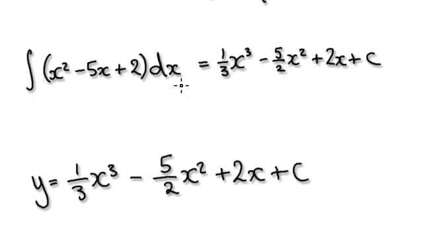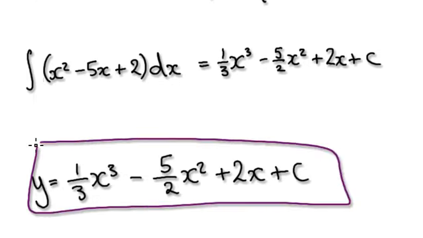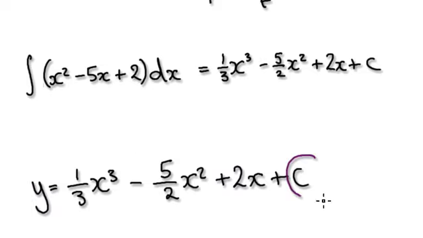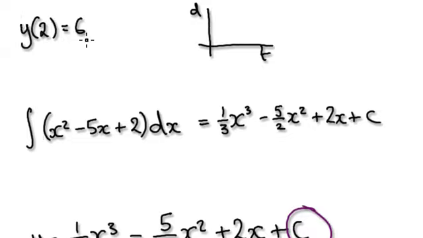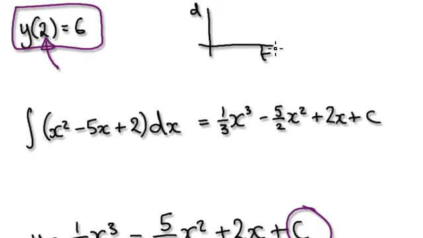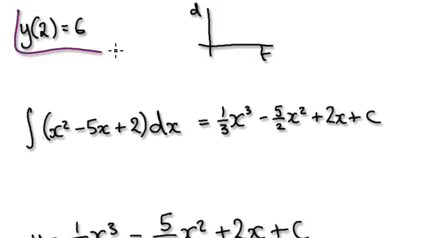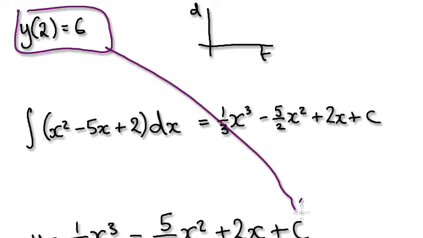Now using this, we need to find out c. So looking at the initial condition here, when x equals 2, or another way of thinking of it, when t equals 2, remember I changed the x and t around. Anyway, use this to find out your c.